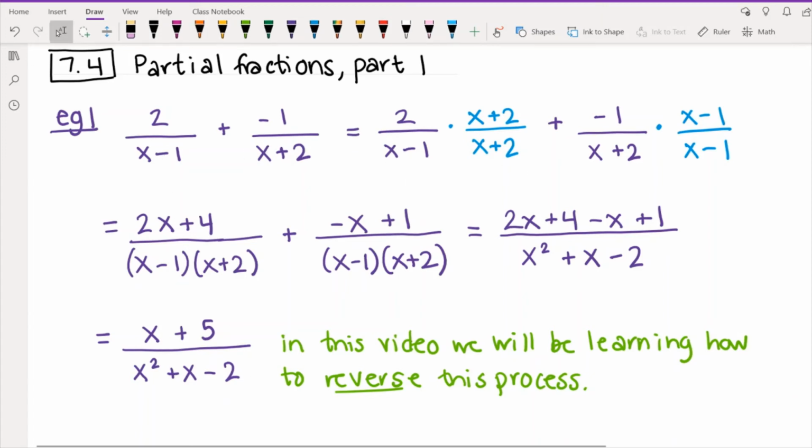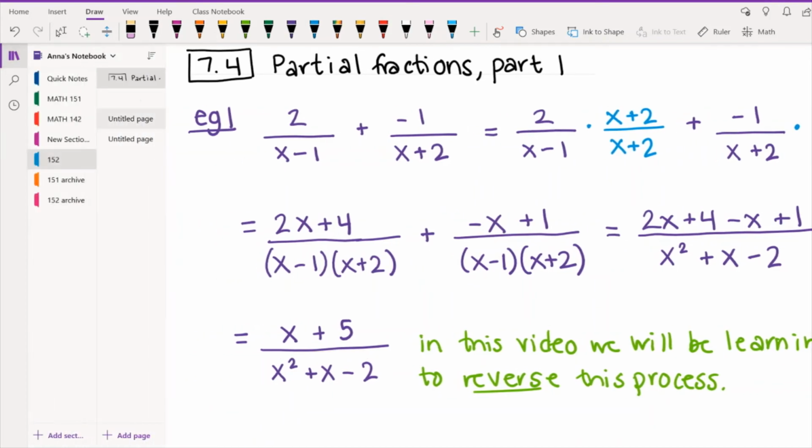Well, it's basically because, how can you get a denominator of x squared plus x minus 2? It was by multiplying these two together to make a common denominator, right? And so basically the only 2 different denominators that you could have that would, when you make a common denominator, give you this, would be the 2 factors of this thing that I circled.